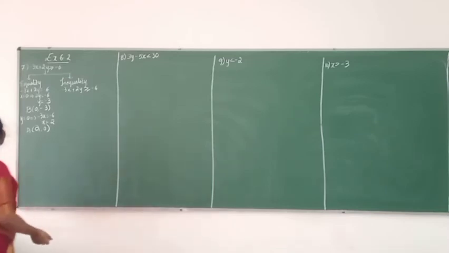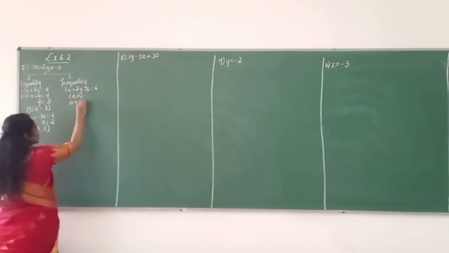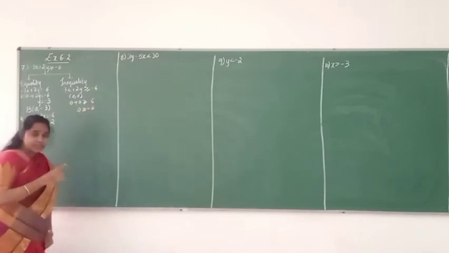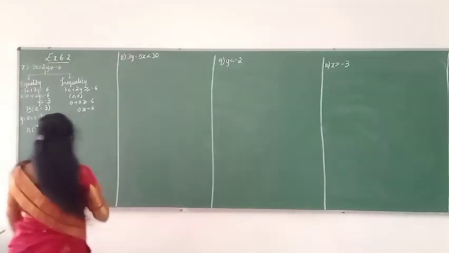Next, now we will move on with the inequality. When we are solving the inequality, as I said, take 0 comma 0. So 0 plus 0 is greater than or equal to minus 6. So 0 is greater than or equal to minus 6. Can I tell 0 is greater than or equal to minus 6? Obviously it is true, because here it is a negative number.